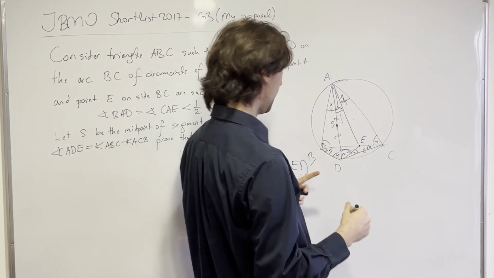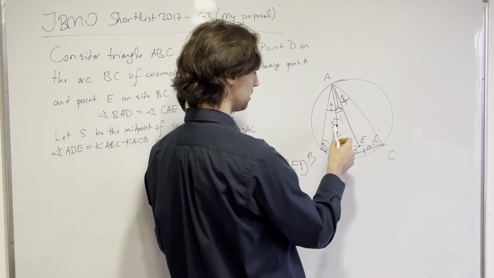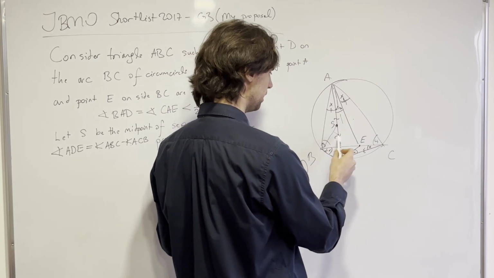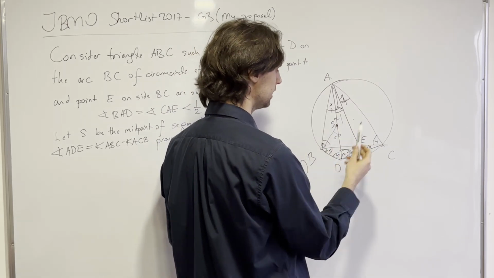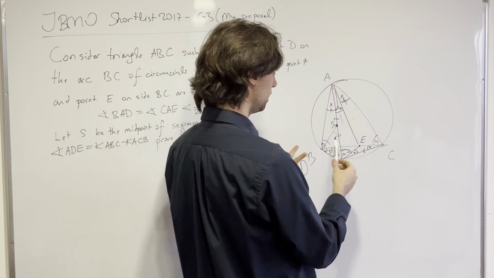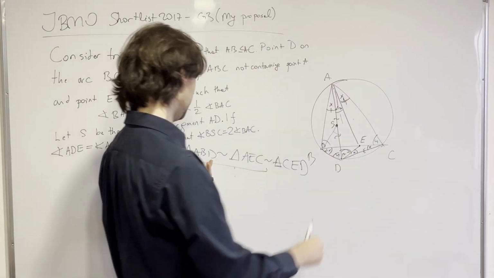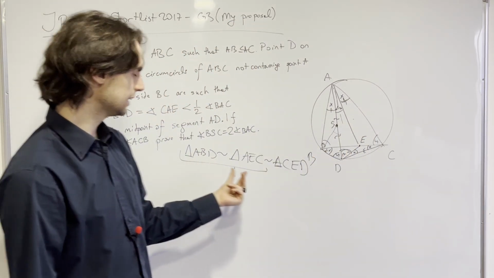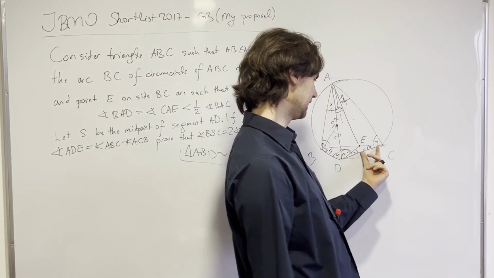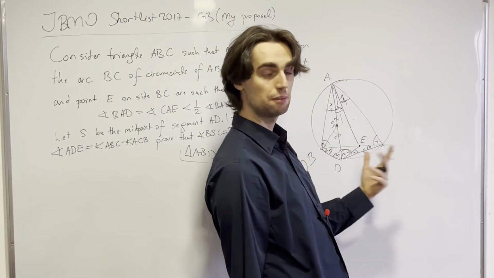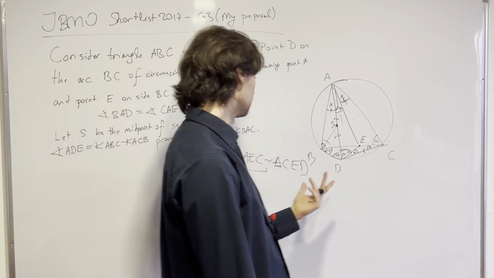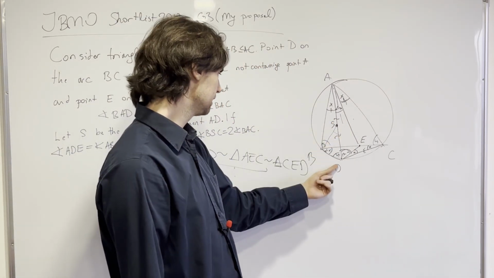AEC, and because we're taking, say, this midpoint, we might be interested in these similarities simply because I'm going to take the midpoint of AD here, and that's the same as the midpoint of CD here. And then that might give me an angle, like I might get BSD.